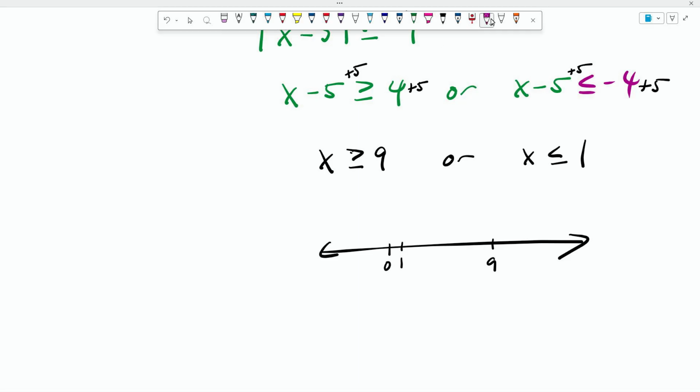I don't want to do that, but so greater than or equal to 9, less than 1. What am I doing? So it's negative infinity to 1.